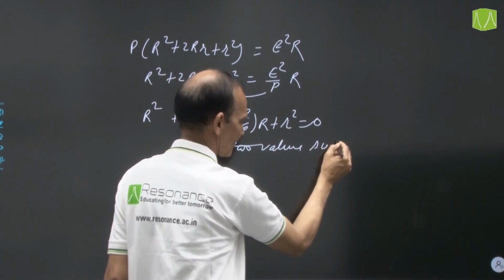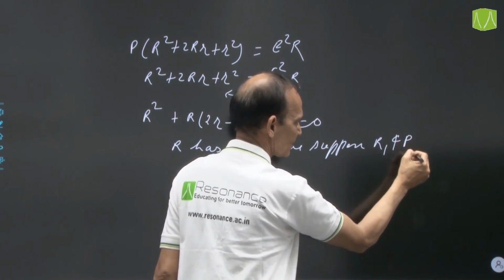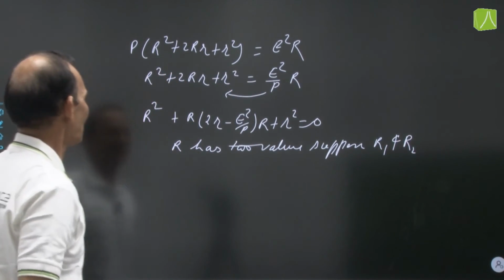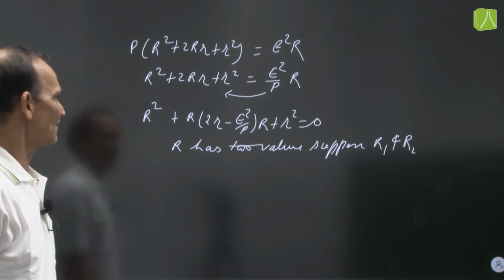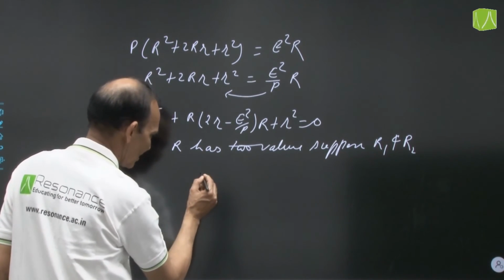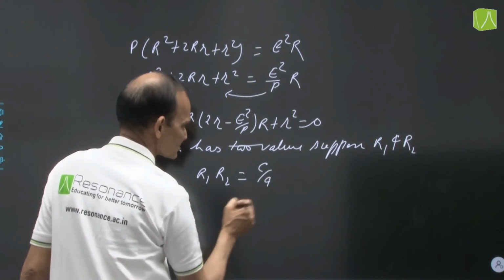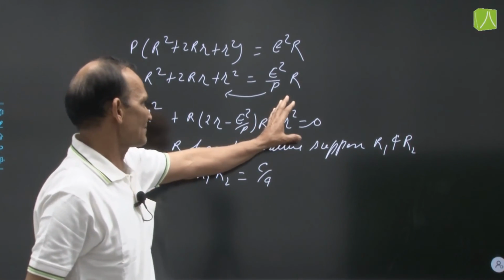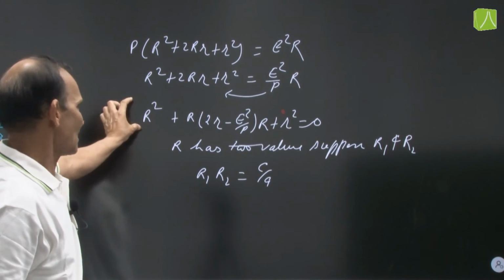Suppose R1 and R2. You know that if alpha and beta are the two values, then alpha into beta and alpha plus beta are given by the same thing. So R1 into R2 is equal to C by A. C by A means the factor which is free from capital R and the coefficient of R square.